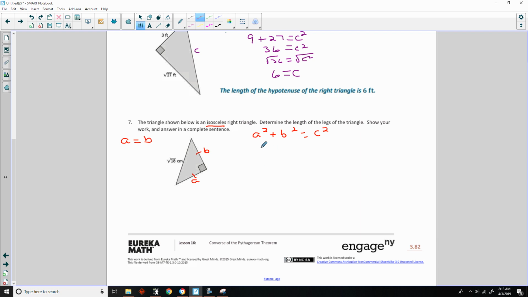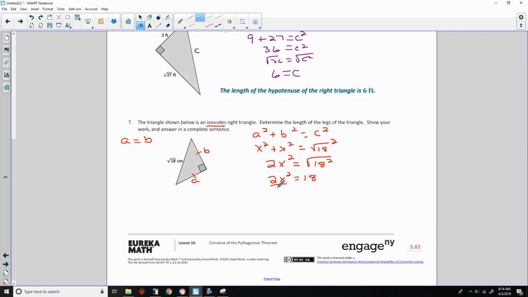I don't know the lengths of these, so let's call them x. x squared plus x squared equals the square root of 18 squared. Well, x squared plus x squared is 2x squared, equals the square root of 18 squared. Therefore, 2x squared equals 18, because the square root of 18 squared is 18.